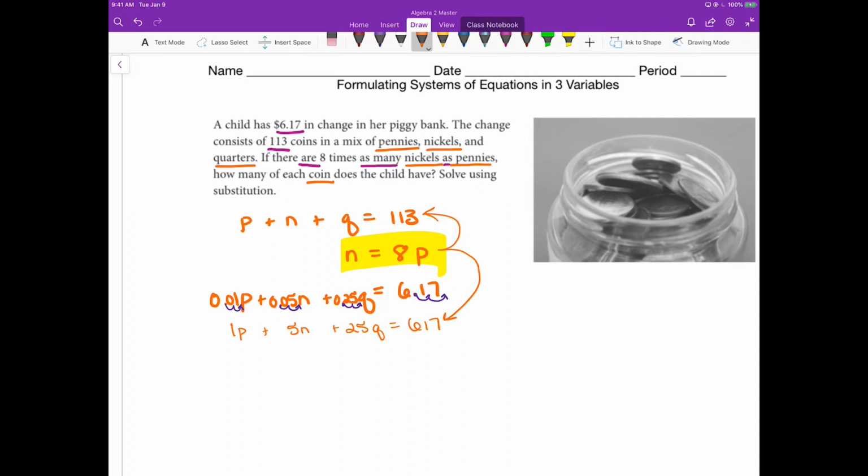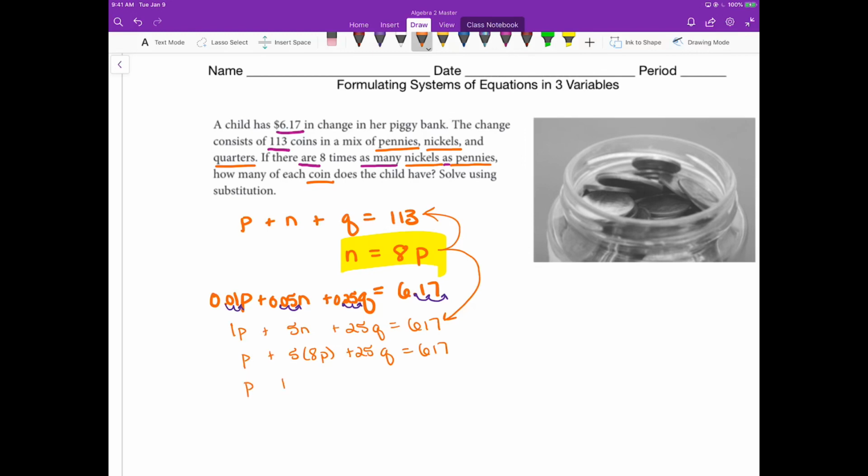So we see that p plus, let's do the second equation first. So p plus 5 times 8p plus 25q is equal to 617. And then we simplify and combine like terms using PEMDAS.